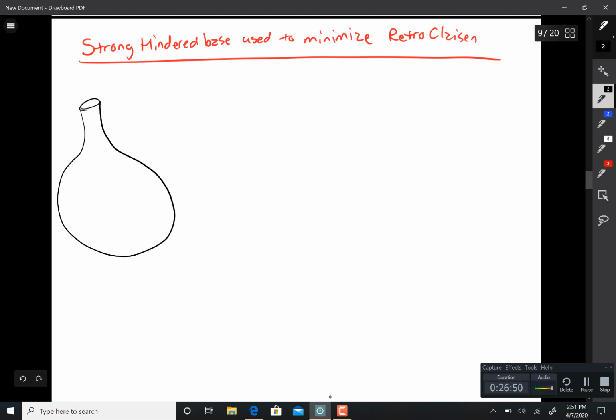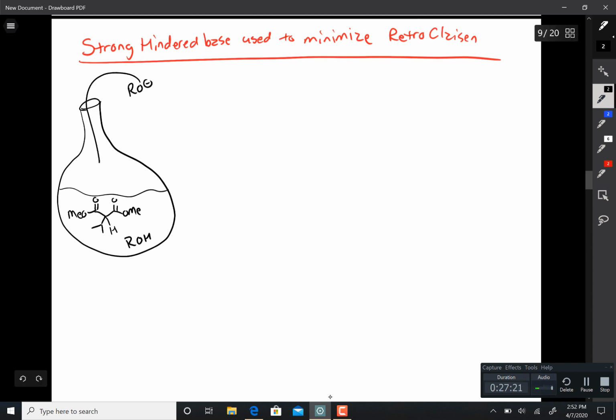So the way this reaction works is you have a flask, and it's filled with your alcohol solvent and your dicarbonyl.